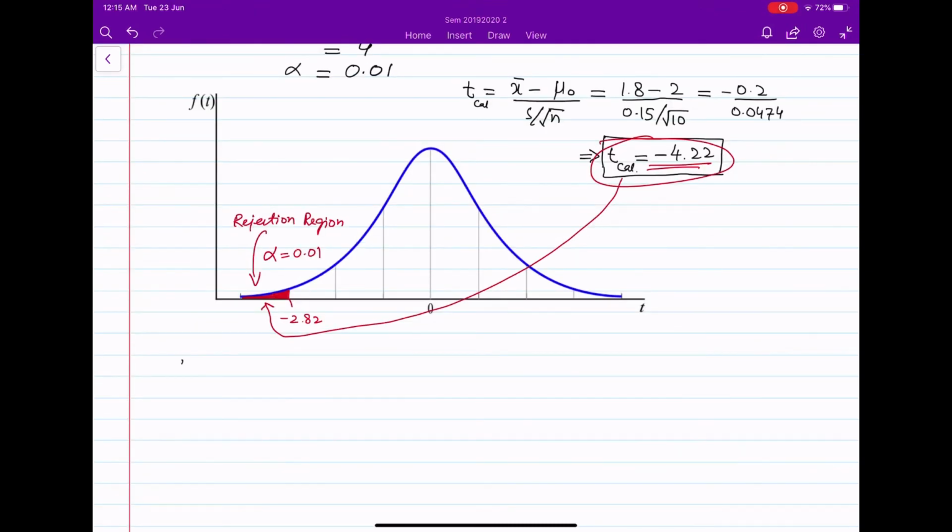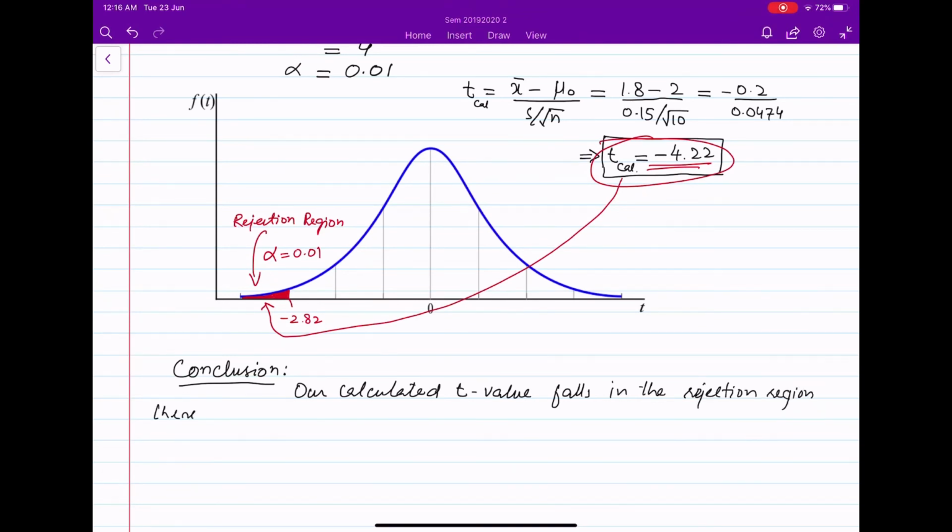Our calculated t-value falls in the rejection region, therefore we cannot accept the null hypothesis.